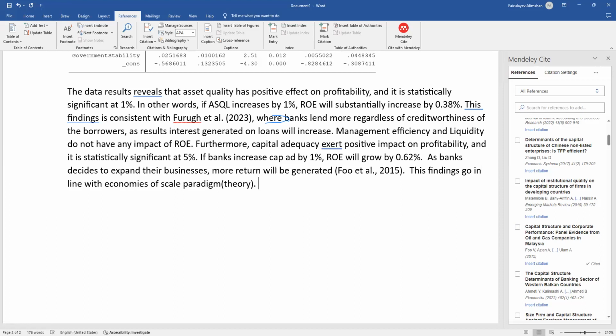Okay? Or it doesn't go. Okay, in here it goes because increasing the production increases the profitability. Increasing in size increases the profitability. As you become more capitalized, more return will be generated.